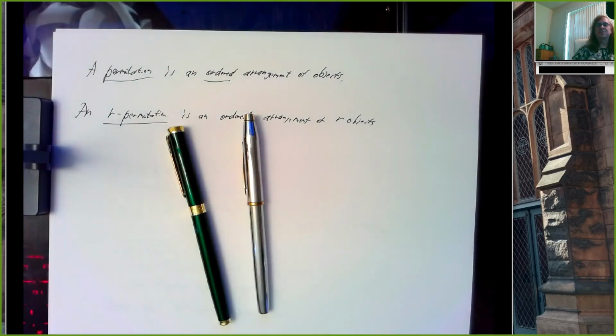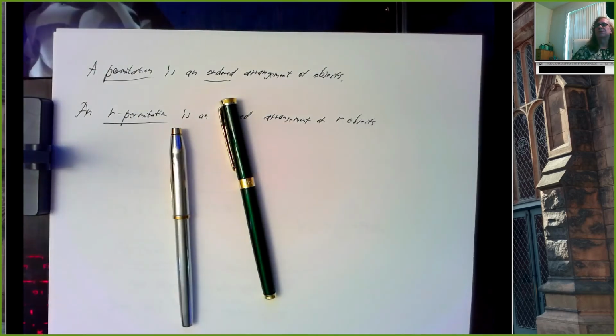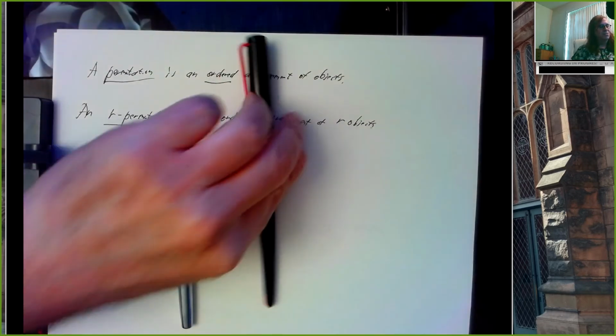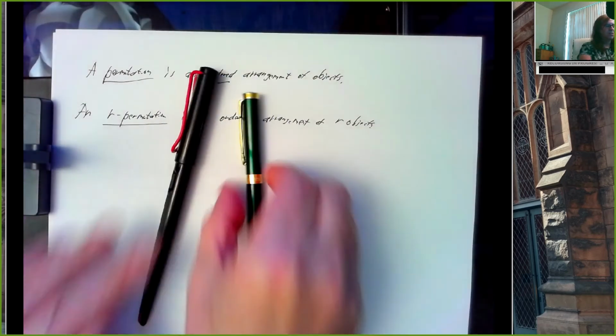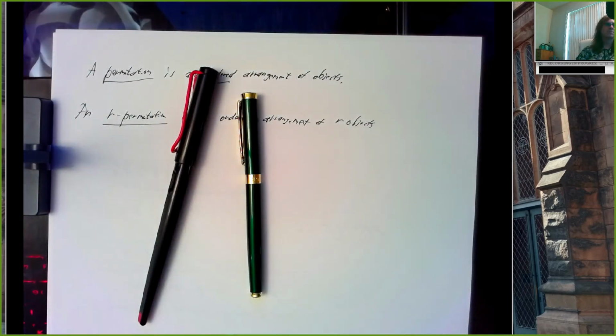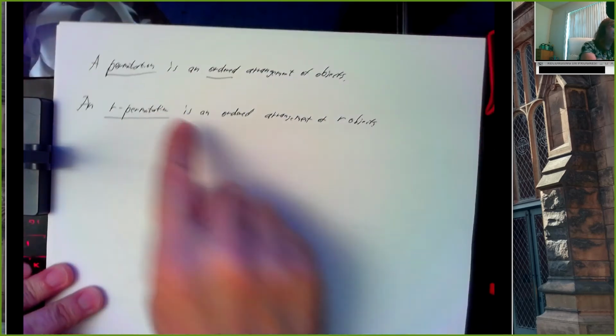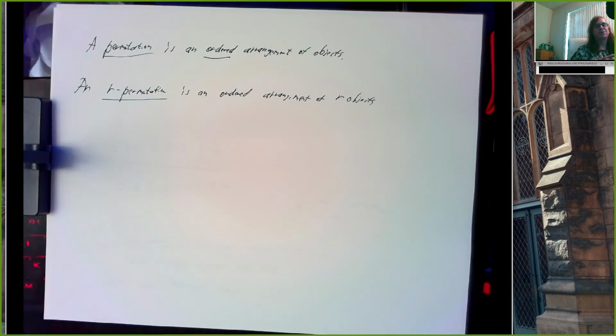This would be an example of a 2 permutation. It's an ordered arrangement of 2 pens. This is also a 2 permutation. So is this, so is this, and so on. Alright, so you got the idea? A permutation is just an ordered arrangement. And an R permutation is an ordered arrangement of R objects.